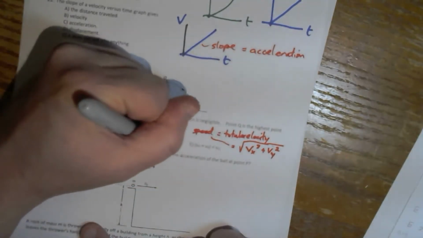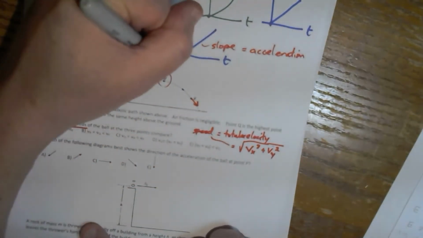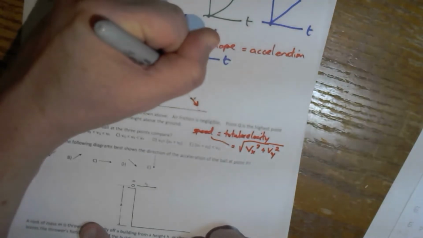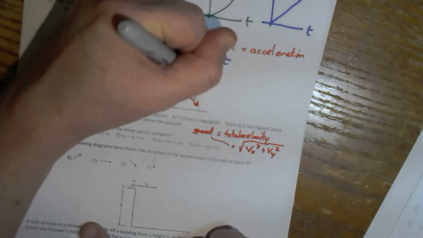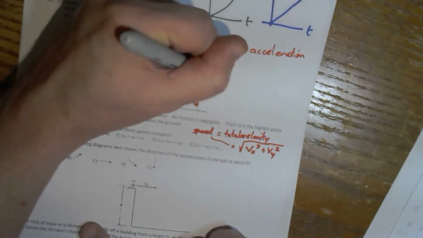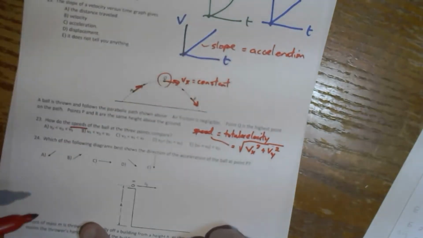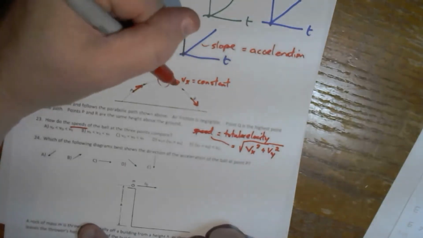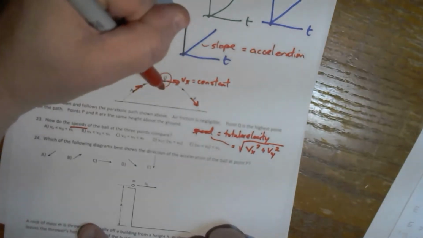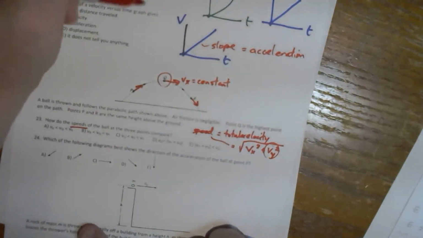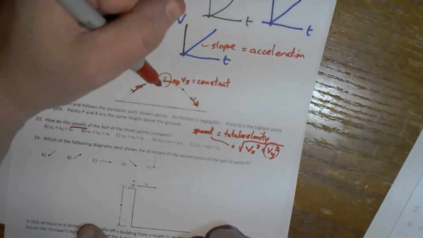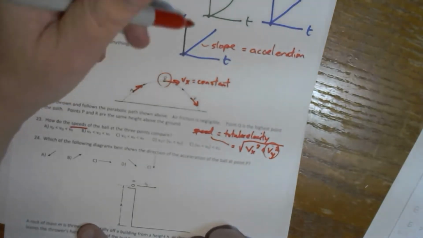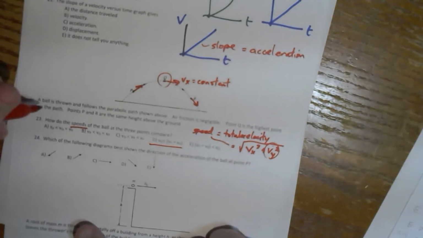And it has to be bigger than at Q, because at Q, there's only a horizontal component of velocity. If you remember, for a projectile moving in 2 dimensions, that value is constant. Because it's not moving up or down, this Vy term would be 0 at Q. And so it's actually moving the slowest there. So choice D has to be the answer.